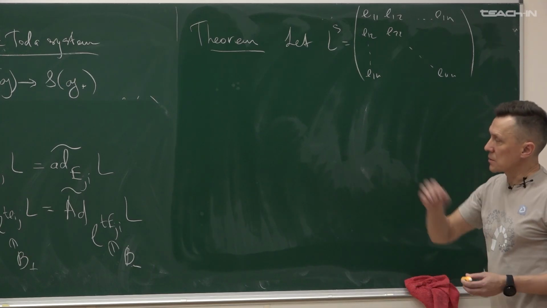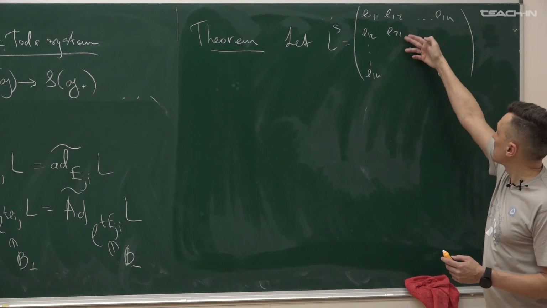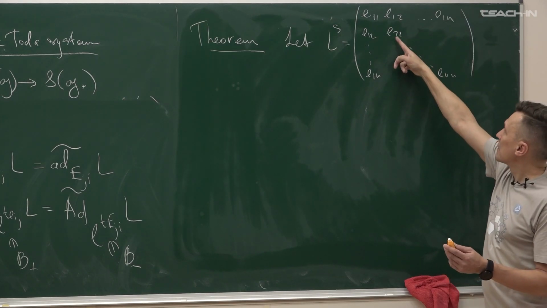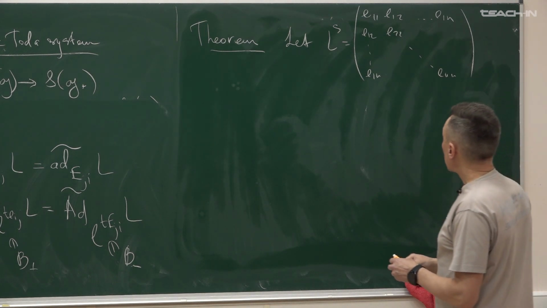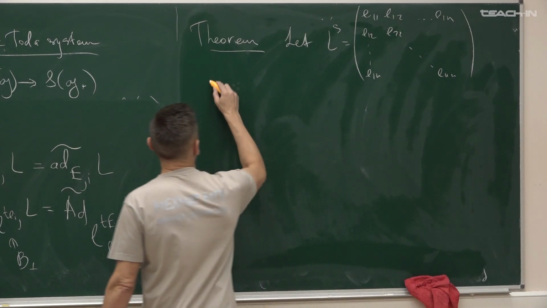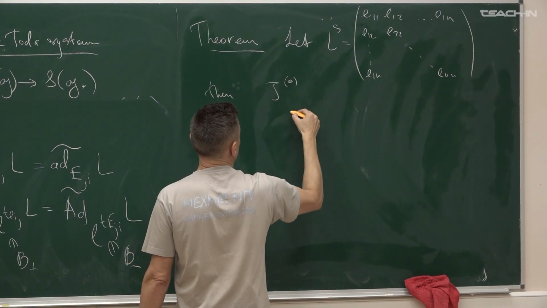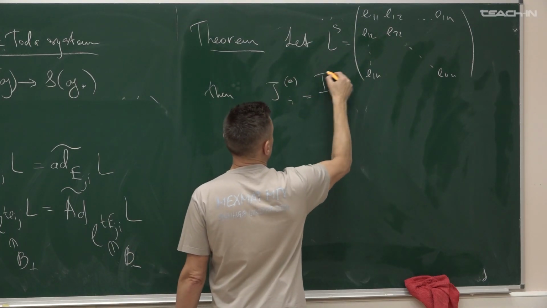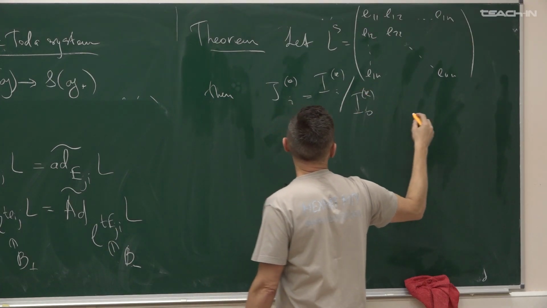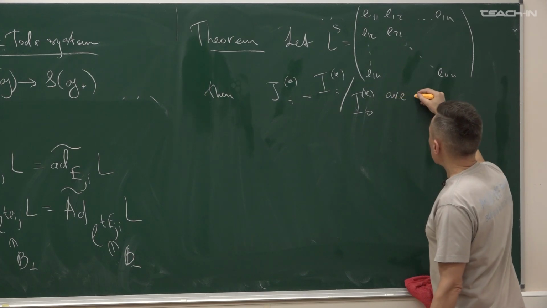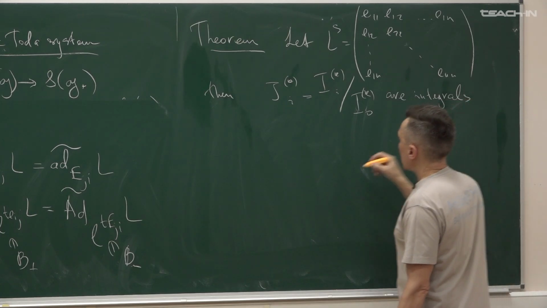Its difference with the initial one is that it's symmetric. We also consider its matrix entries as functions on the dual space. Then G k i, which is I k i divided by I k 0, are integrals in involution.